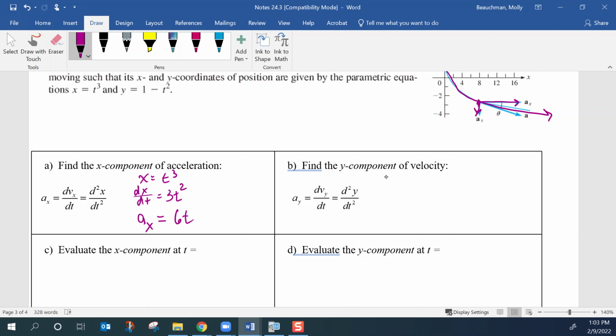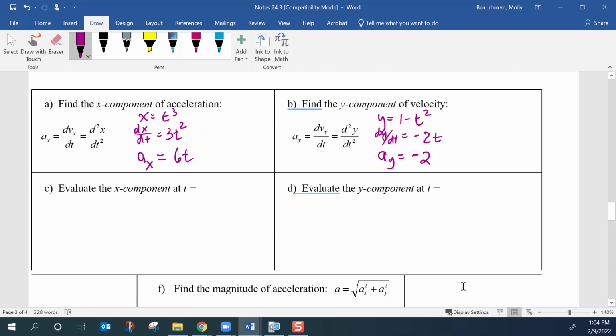The y component, my original, is 1 minus t squared. The first derivative, dy dt, is going to tell me velocity, vertical, negative 2t. The second derivative is going to tell me my acceleration, negative 2. So I've got my values, second derivatives for the x and the y component. Now the process follows what we did before.